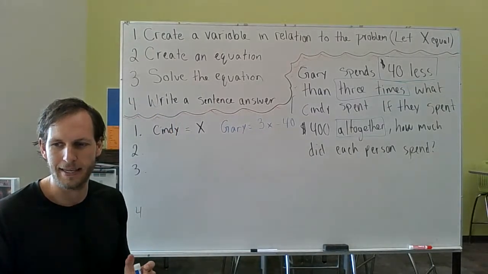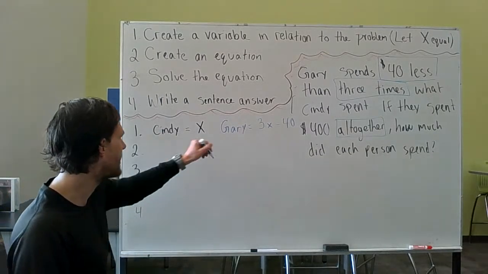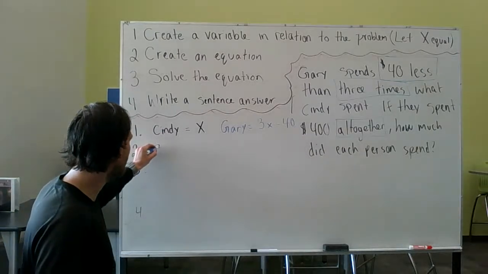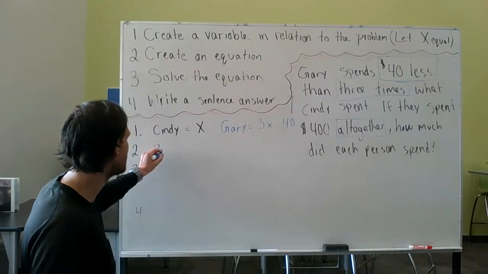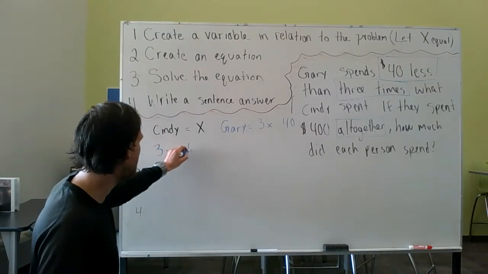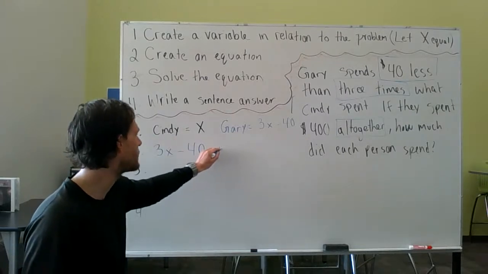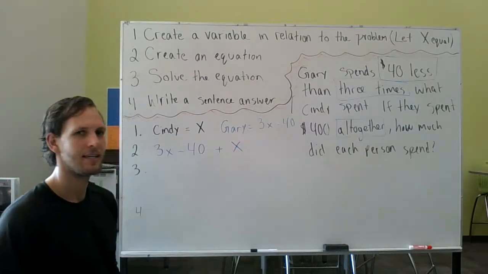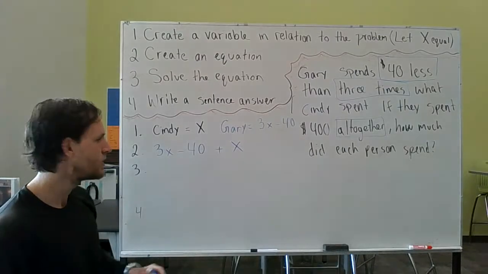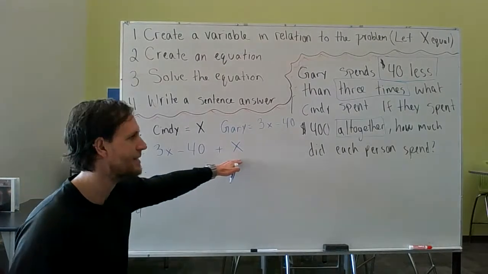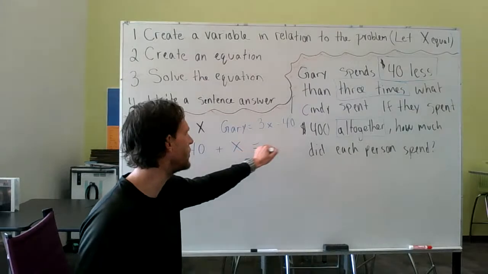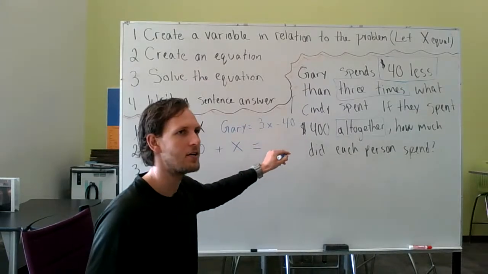This is a little bit tricky. So Gary is 3x minus 40, and we have to add Cindy, who is represented by x. All right, so 3x minus 40 plus x is equal to, well, together they spent $400.